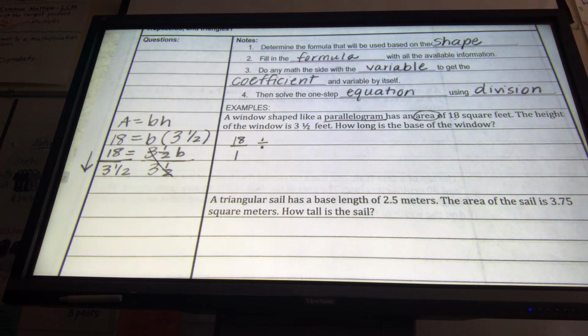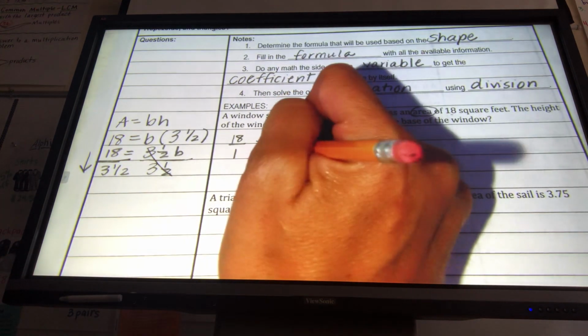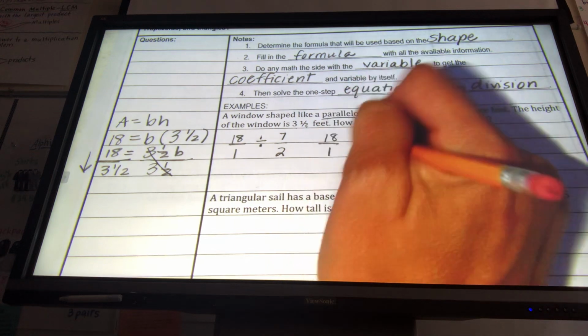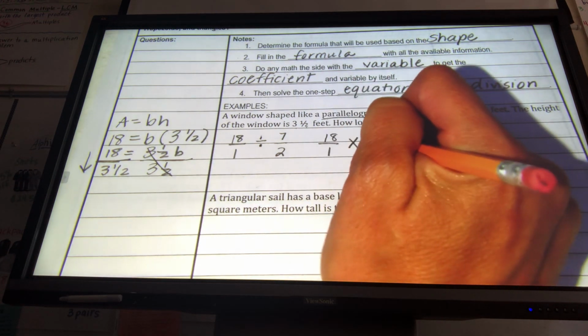So that gives me what? 7 over 2. So I'm going to keep, change, flip.